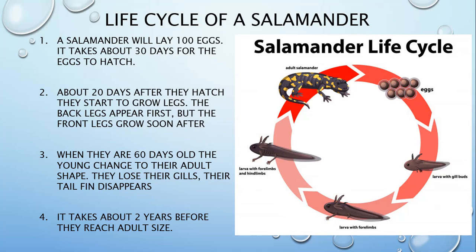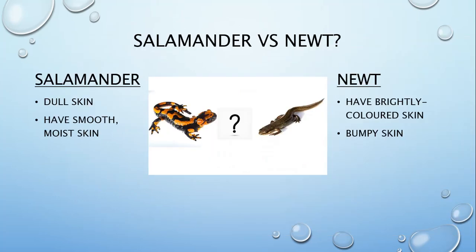All right? So again, before we talk about what the life cycle of a newt is, salamanders and newts are pretty similar, okay? So I wanted to just clarify what was different between them. A salamander has dull skin, which is kind of boring, it's not colorful, whereas a newt has really brightly colored skin.